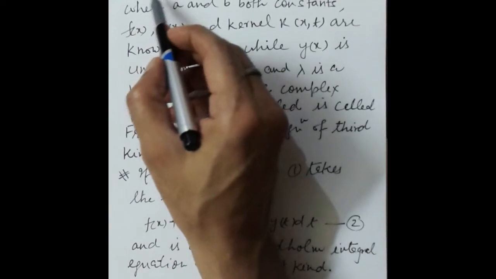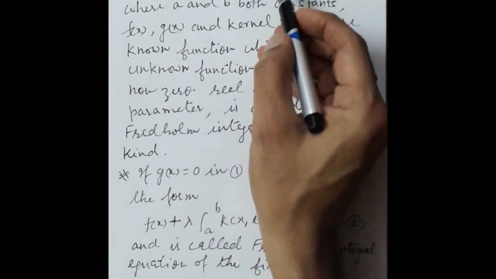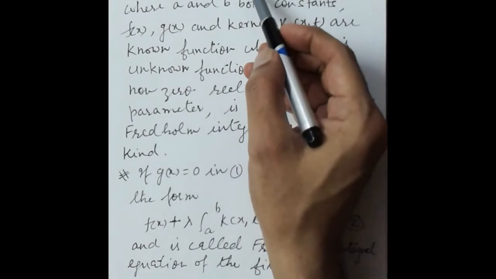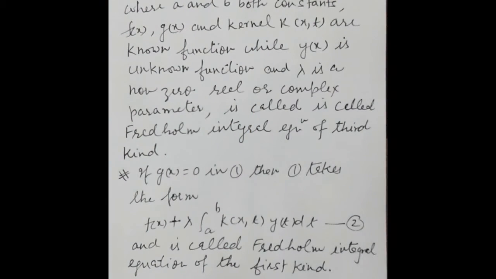Now, if g(x) equal to 1, then this equation is called Fredholm integral equation of the second kind. y(x) equal to f(x) plus lambda the integral from a to b K(x,t) y(t) dt.